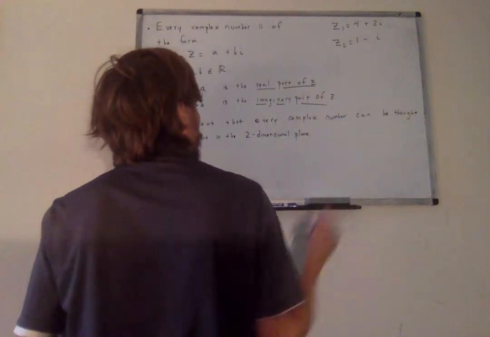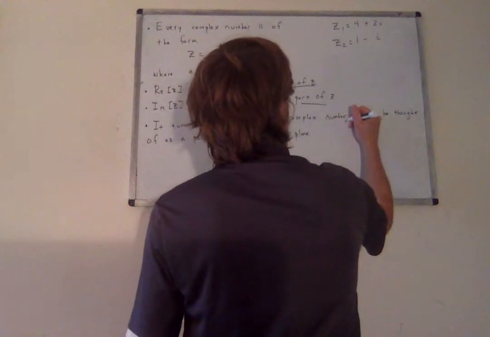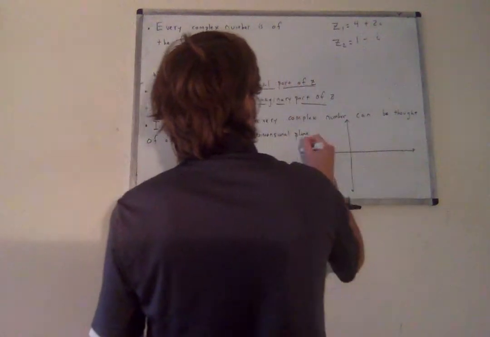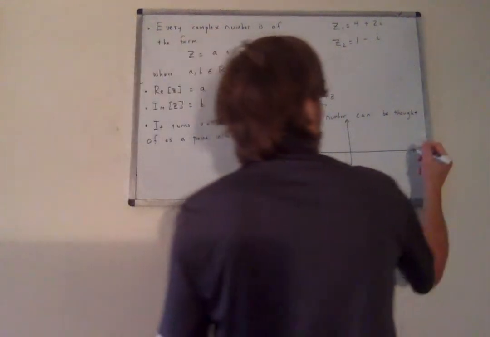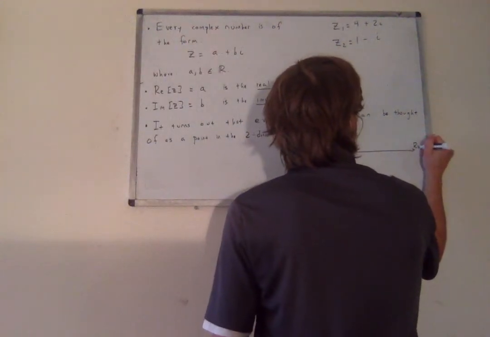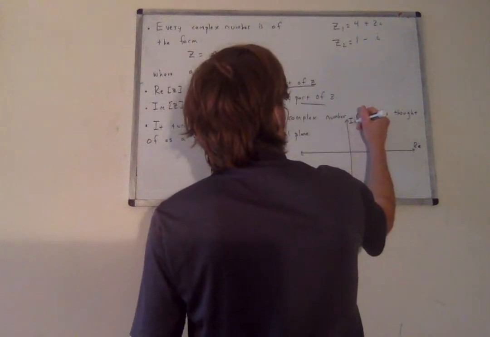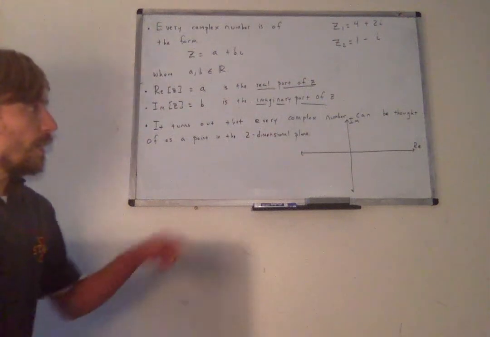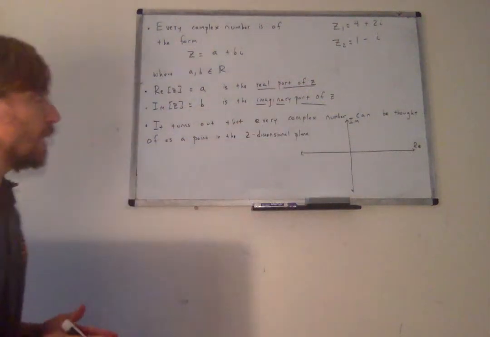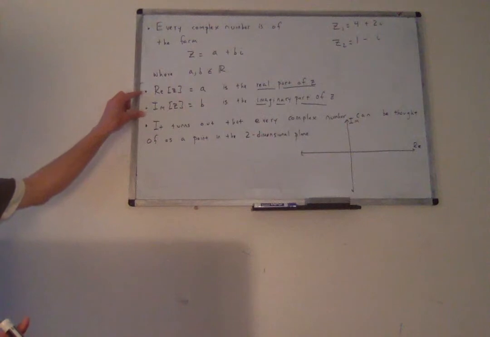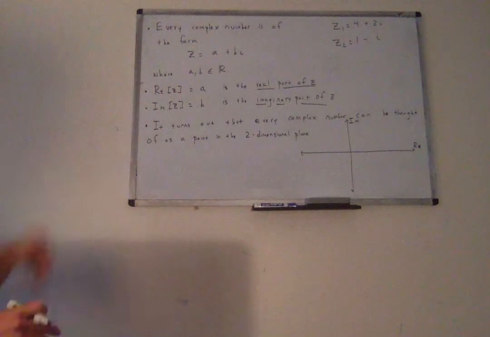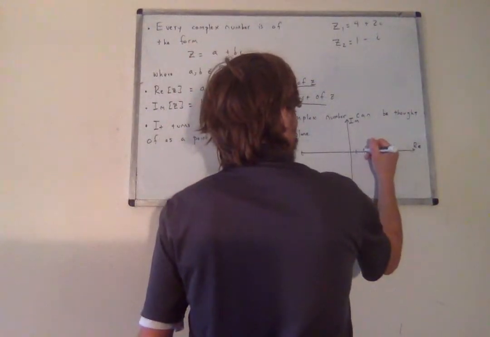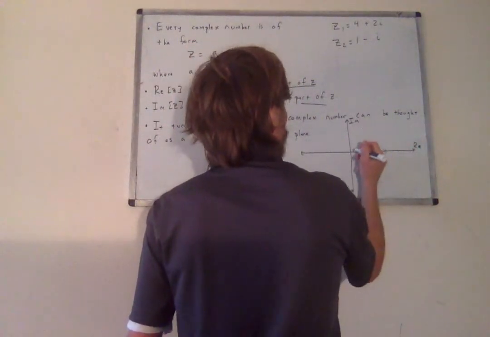So what do I mean by that? Well, we have two axes, which at one point we would have called x and y, but now we can call the real and the imaginary axis. The real axis is the x-axis, the imaginary axis is the y-axis, and for each complex number, we can think of it as a point plotted in this plane based on its real and imaginary parts.